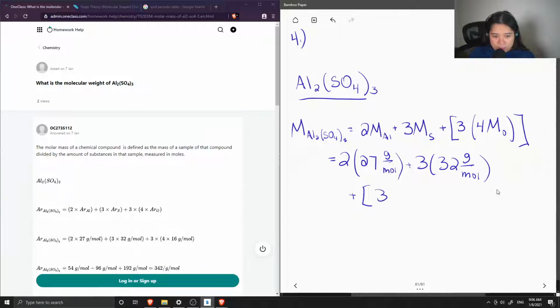And I've got to put all my brackets in for the oxygen, but the molar mass of oxygen is 16 grams per mole. Okay, so now we just add all these values up and we get a molar mass of 342.15 grams per mole.